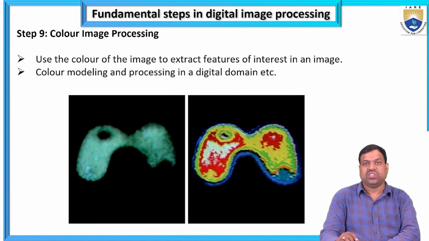Color image processing uses the color of the image to extract features of interest in an image, with color modeling and processing in the digital domain. So these are color image processing.